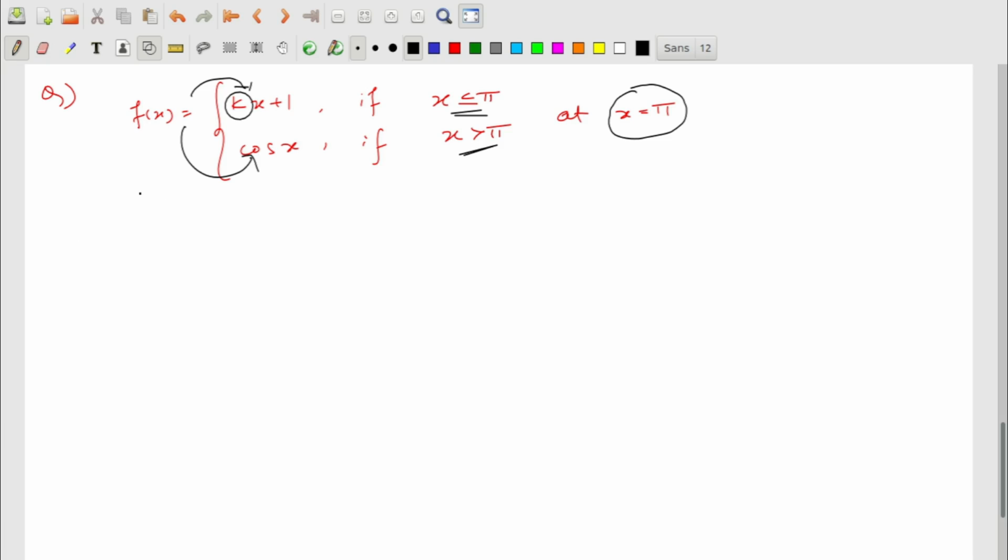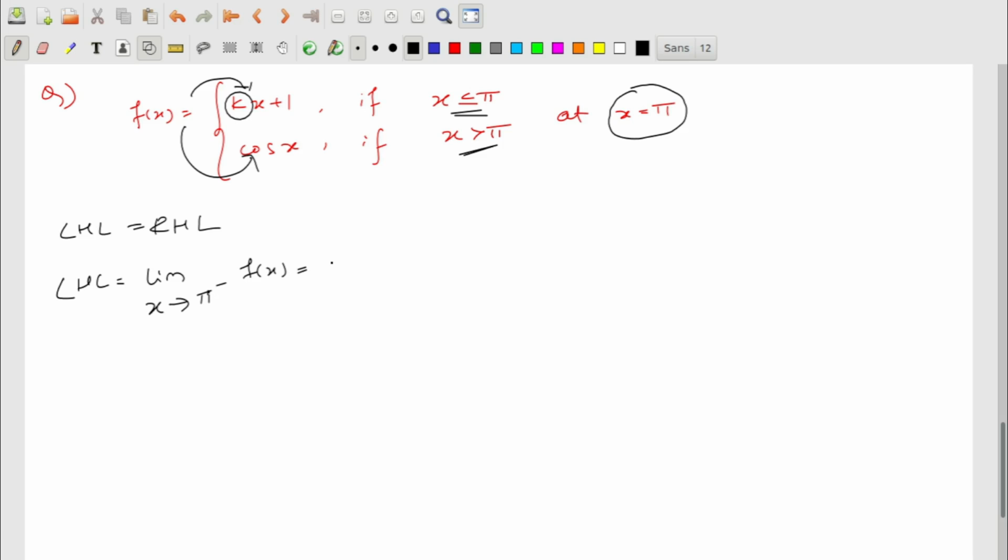Now the values of the function for x less than pi and x greater than pi are given. So you can take LHL and RHL, and LHL is equal to RHL. Let me find the LHL separately. That is the limit as x tends to pi minus, that is less than pi.